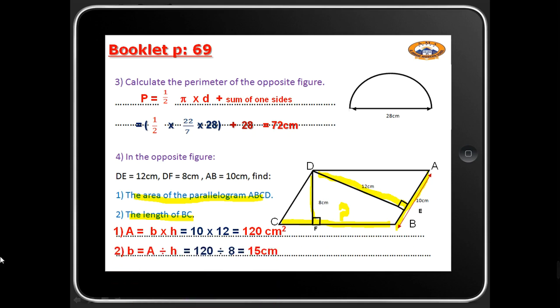Here the base, which is the length of PC that he asks us to get, equals the area divided by the height. I calculated the area in step number 1, so this becomes 120 square centimeters divided by 8, which is given to you in the exercise. So the length of the base is going to be 15 centimeters.